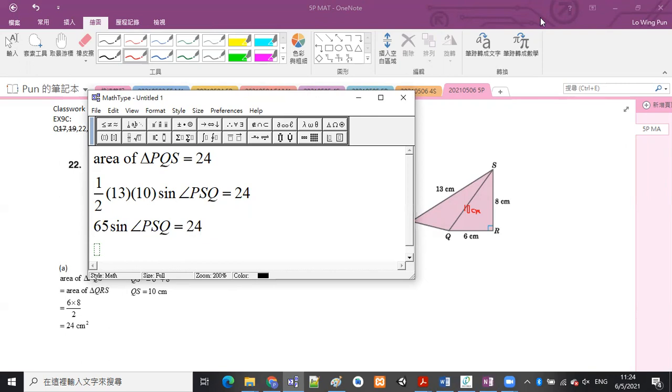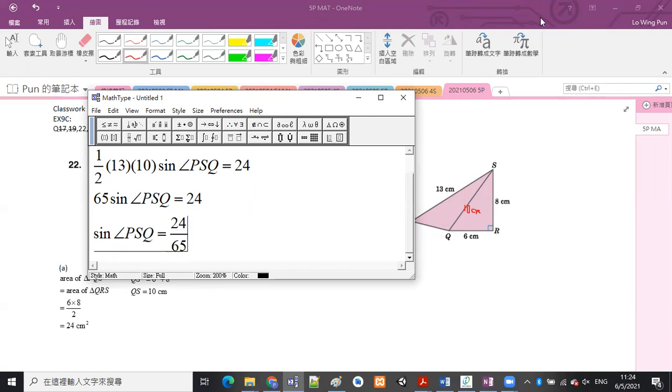And then divide the 65 to the right-hand side. The sine angle PSQ is equal to 24 divided by 65. And in order to find the angle from this equation, we need to use the calculator shift sine. 24 over 65. And what did you get?